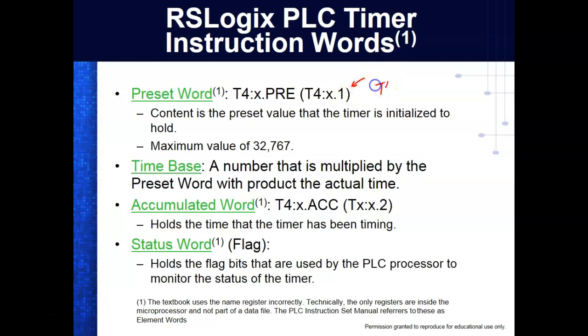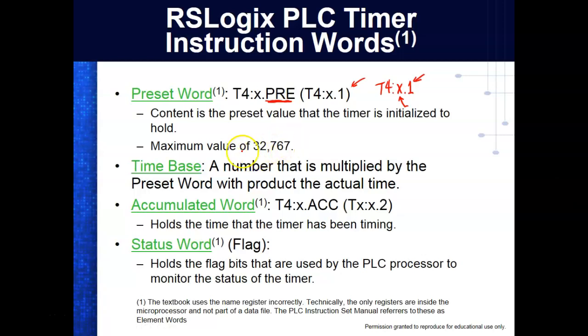Well, you could use T4, colon, and what would be X? The number of the timer, and then we could put a dot and a 1. So the preset register is actually word 1 inside the timer. Now you can remember that, or the way RSLogix 500 does, it allows you to use a name instead of an address. But whichever way you prefer. You understand that?